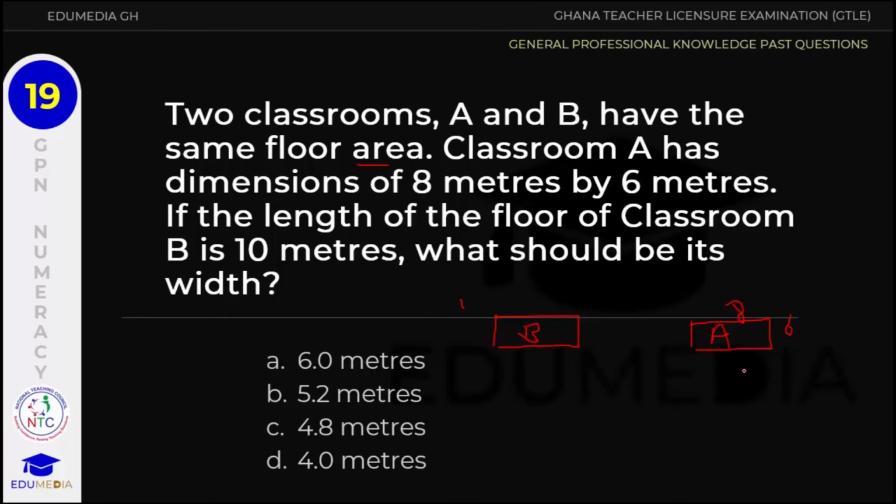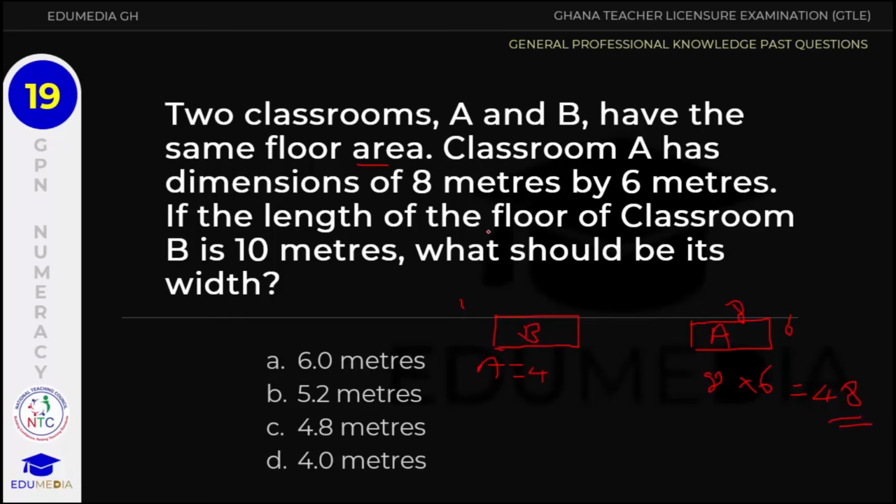Therefore, to find the area here, it is 8 times 6, length times width. So the area for this particular one is 48. Okay, so they all have the same area. That's the good news. It means also that you have area here to be 48.